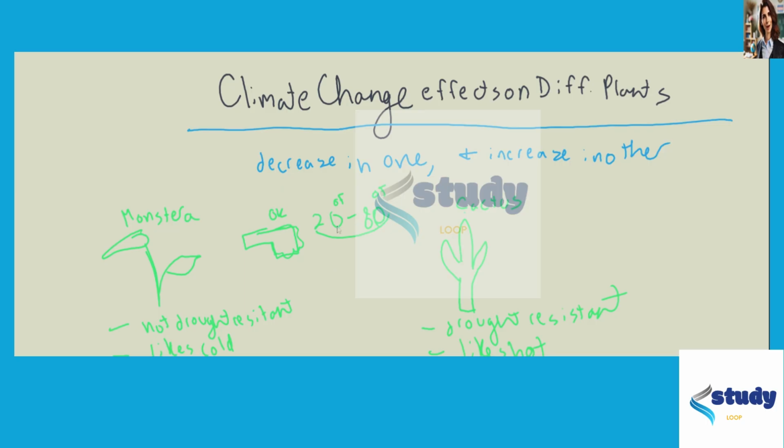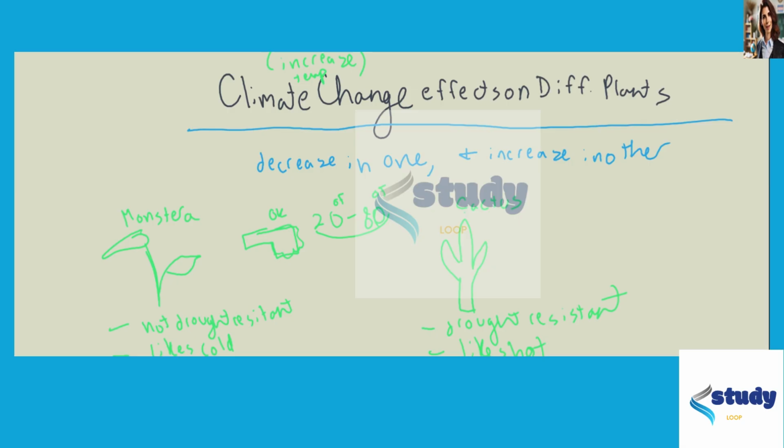Climate change doesn't always, that's why a lot of times they don't use global warming. It makes things erratic, but overall you're seeing an increase in temperatures, and you're going to be seeing erratic weather patterns. This Monstera is adapted, though.